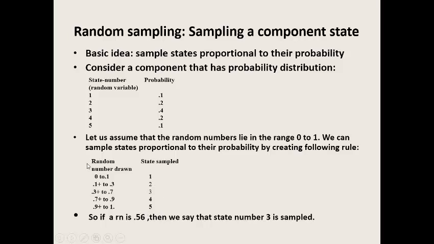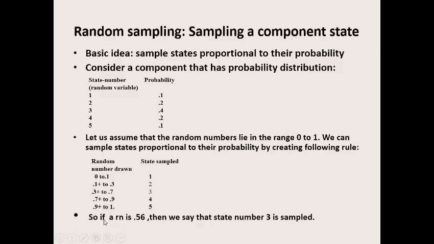If we have this rule, then if we draw a random number, and because each random number has the same probability of occurrence, if the random number falls in any one of these ranges, then the corresponding state will be sampled.